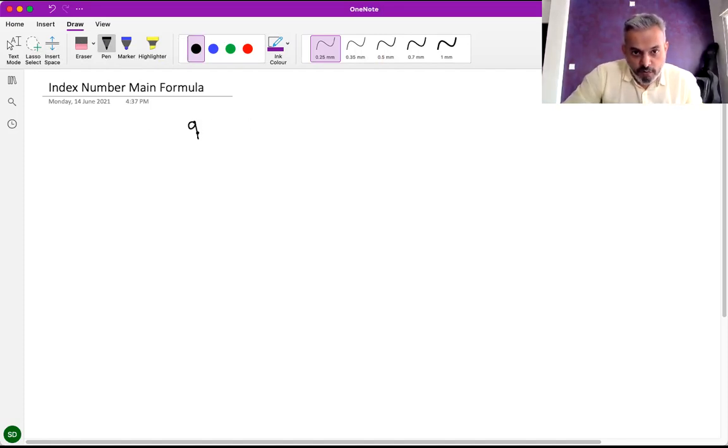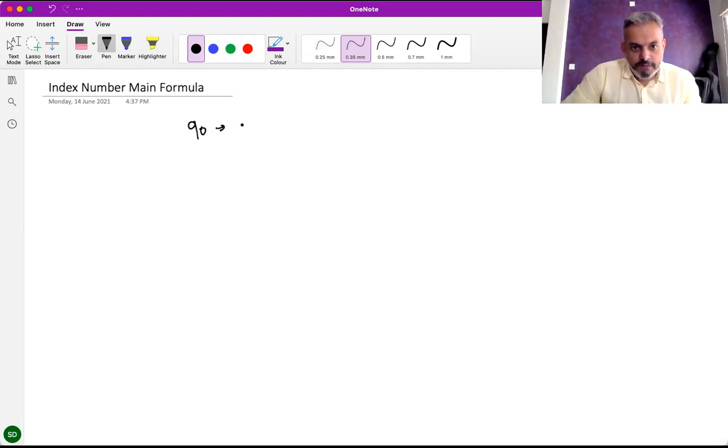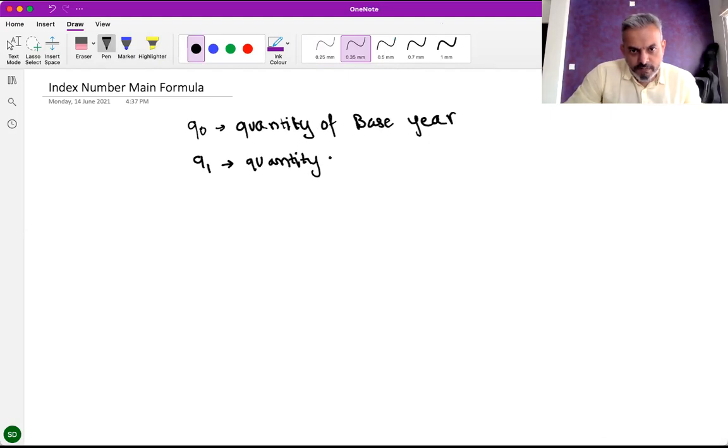So Q0 is quantity of base year and Q1 is equal to quantity of current year.